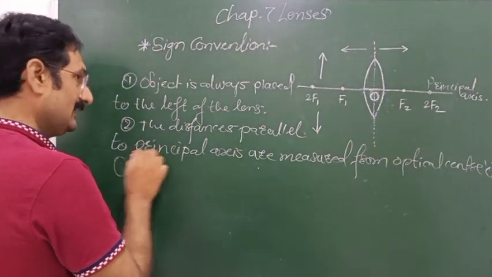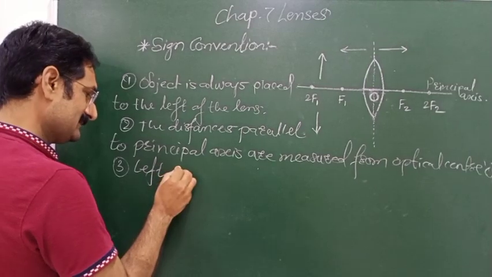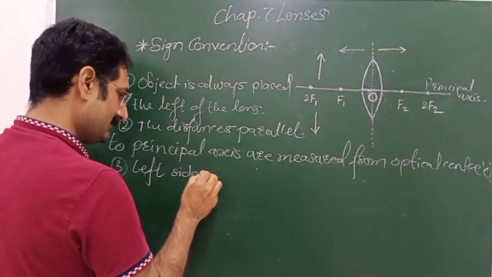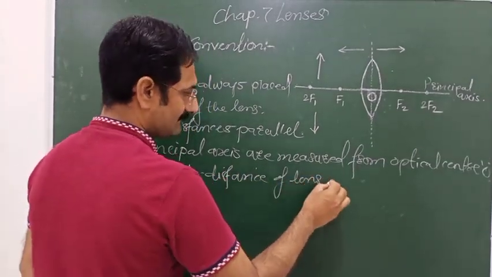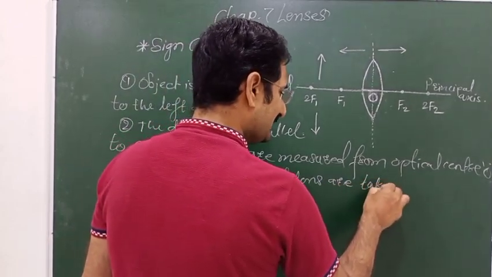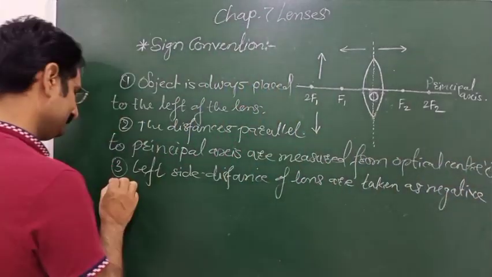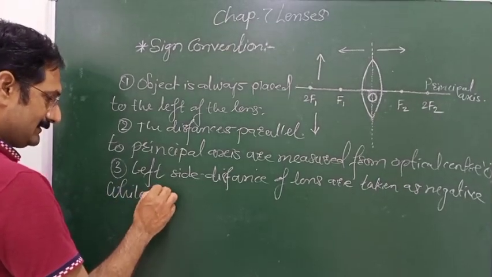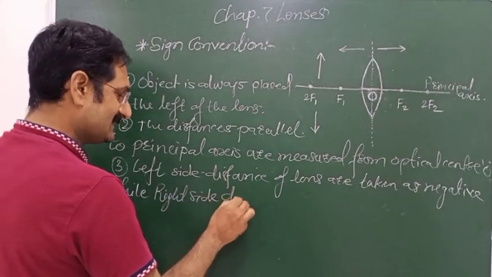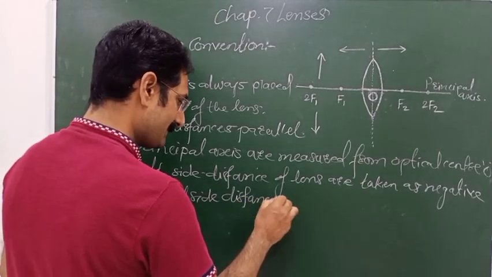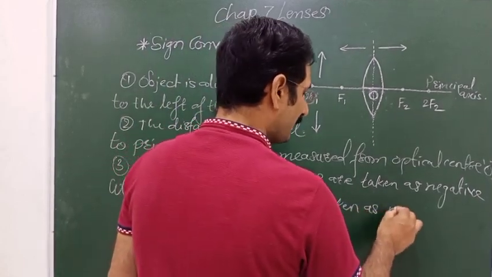Here, the left side distances of the lens are taken as negative, while right side distances are taken as positive.